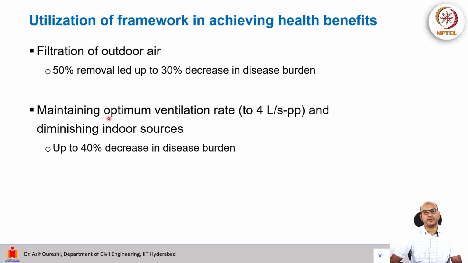If we maintain an optimal ventilation rate of 4 liters per second per person and reduce the indoor sources, we can again get up to a 40% decrease in the disease burden. So the optimal use and increasing of ventilation rates invariably improves the overall health quality of the people who are inhabiting the indoor environment.